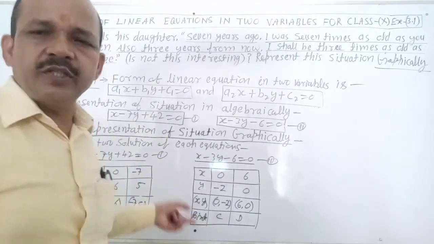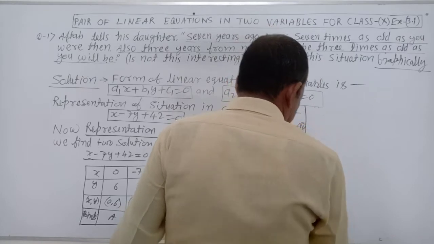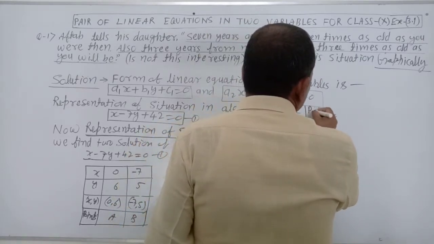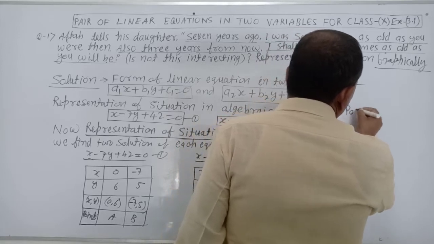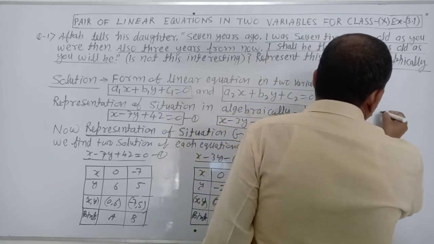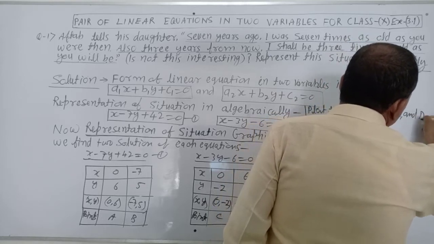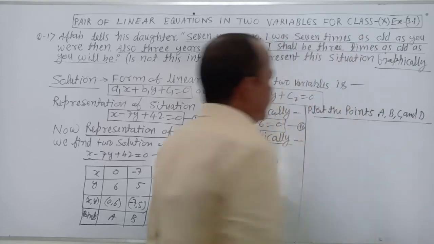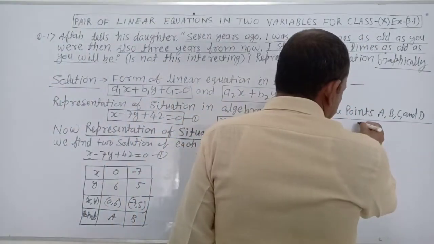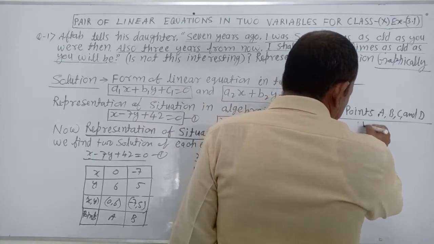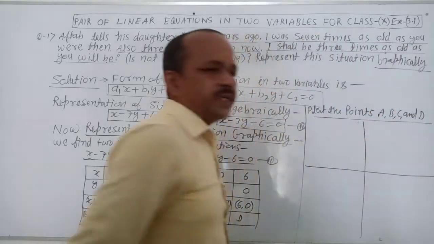Now you plot these points. Plot the points A, B, C and D. Here it is clear.